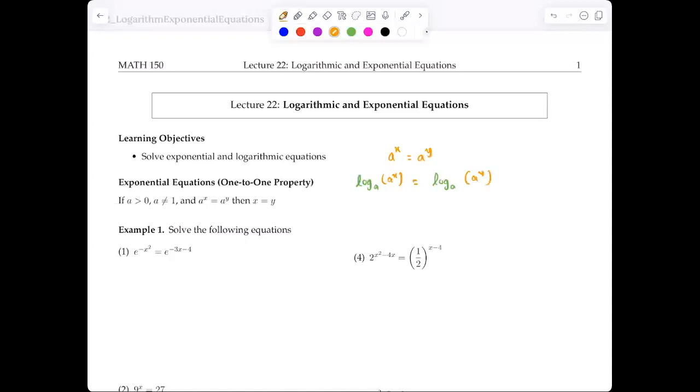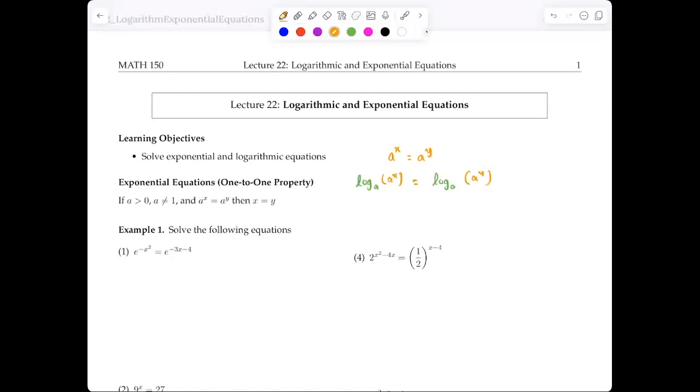This is the mathematically correct approach. You apply the cancellation property between a logarithmic function and an exponential function.